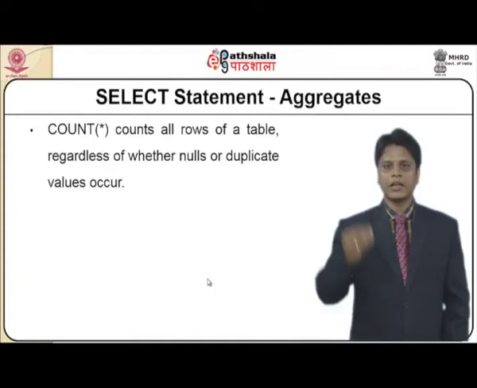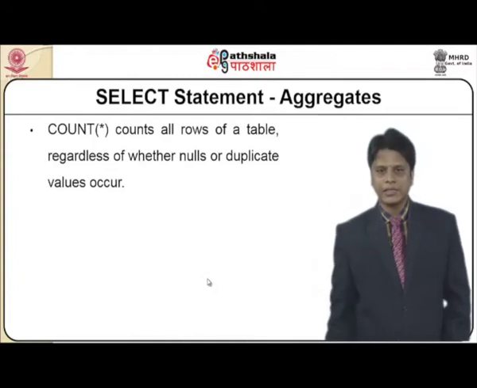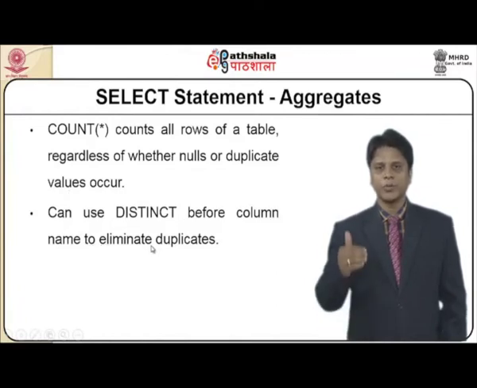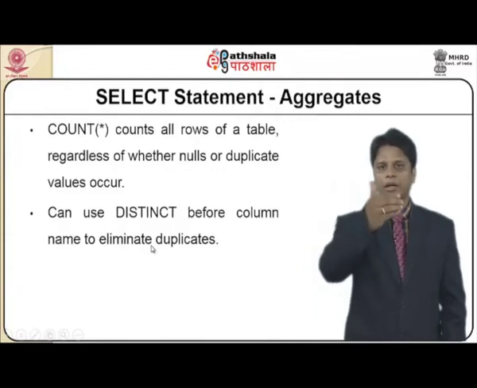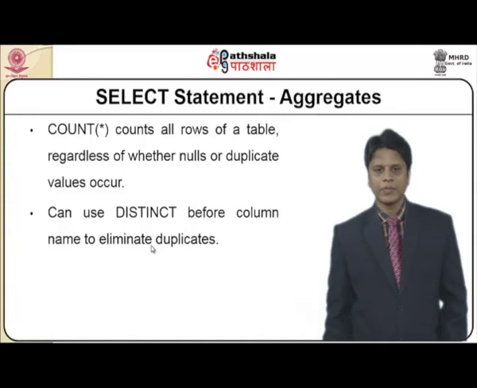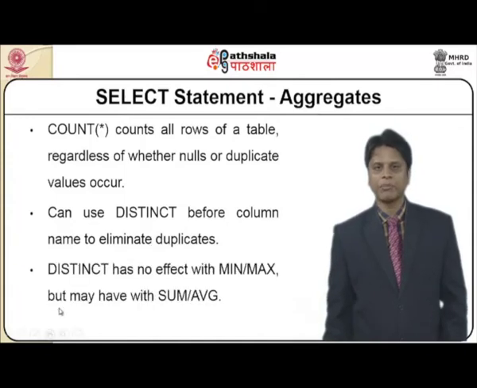So, count star lists nulls, and it even lists duplicates as they occur. So, you can use distinct before the column name to eliminate duplicates. So, you may have to use distinct as part of the select statement, then you go for the count statement. Distinct has no effect with minimum and maximum, but may have with sum and average.